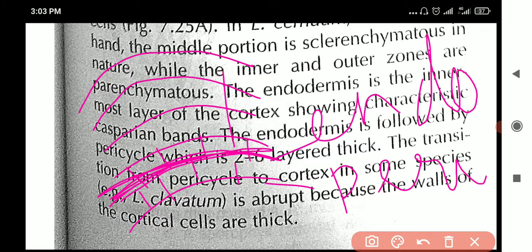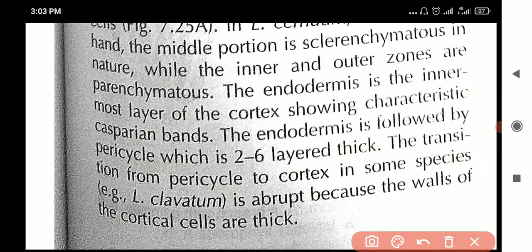Pericycle. Is it clear now? I hope it's clear. So you have the endodermis, which is inner to the cortex, which shows Casparian band. Then after the endodermis, you will find a pericycle, which is 2 to 6 layers thick. So I have made a mistake. Endodermis is single layer, but pericycle has 2 to 6 layers.